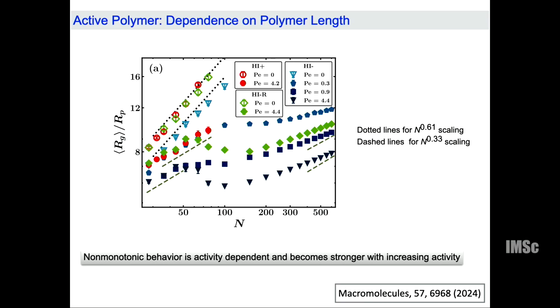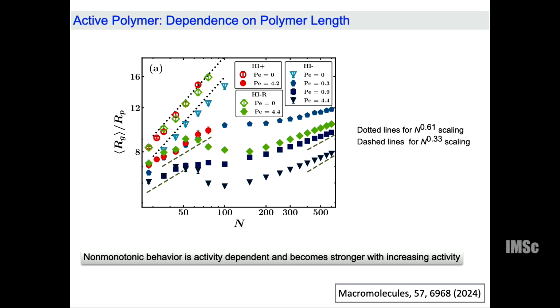Now the question is why do we have a non-monotonicity? So we have 0.33 here, 0.33 here, but in between there is a dip in Rg, right? And we feel that this is due to the competition between the activity and entropy. When you increase the size of the polymer, the entropy of the system increases. At the same time, when I'm increasing the size of the polymer, the number of active sites is also increasing, right?